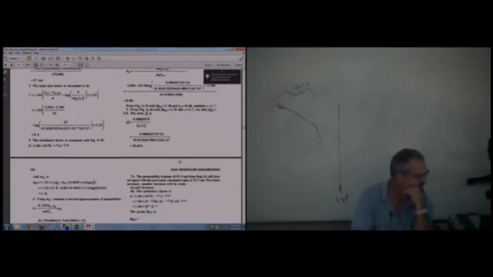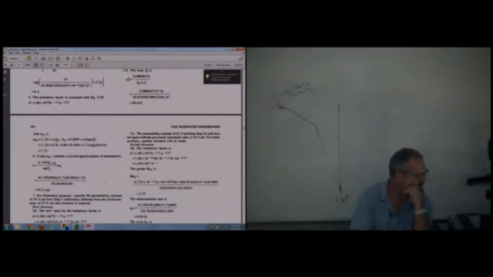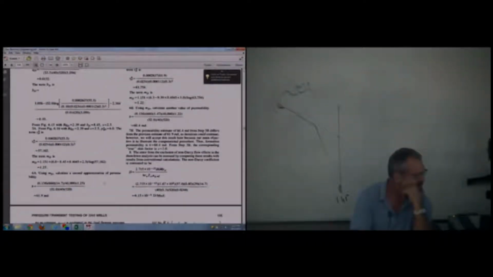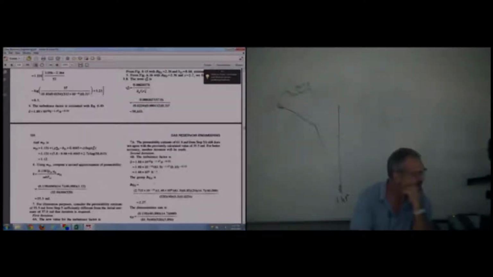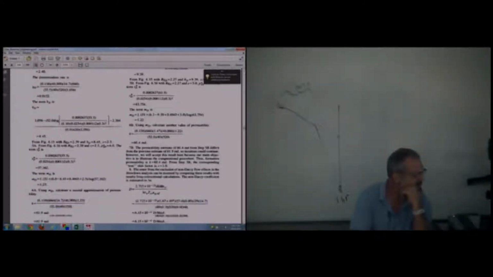And then I think they finally have to use a graph. They're not done yet. They still haven't got anything. I'm going down the left column. They're still working on this. And I'm going down the right column. You see, this is like 4 pages. And then they finally get a non-Darcy flow coefficient.